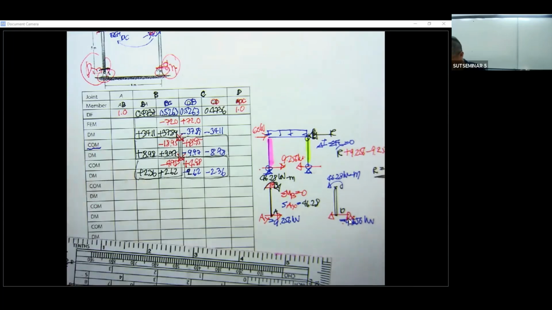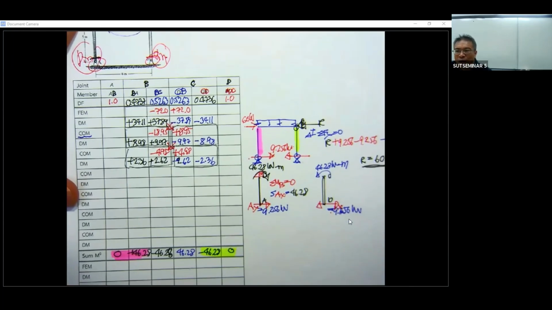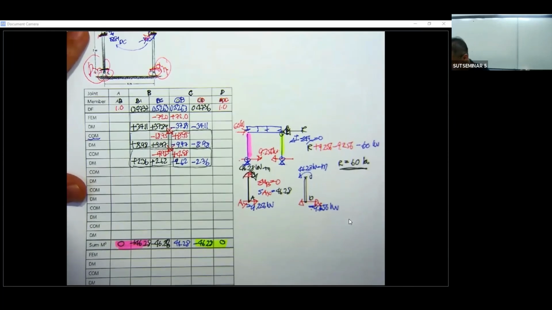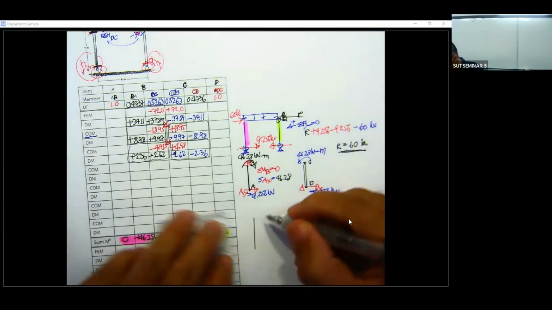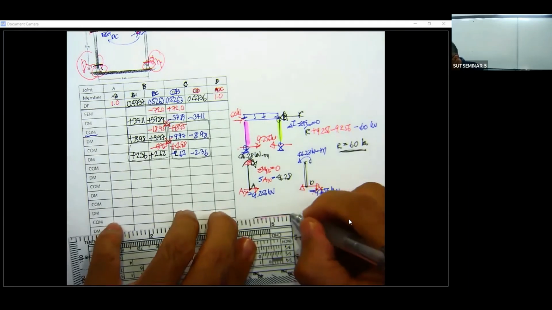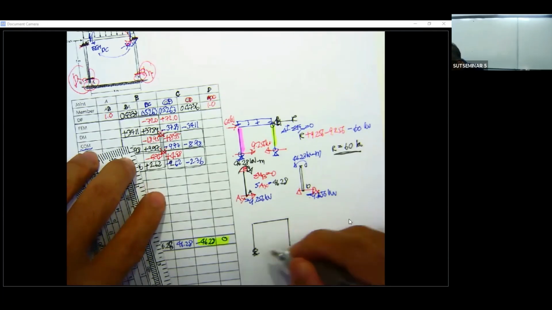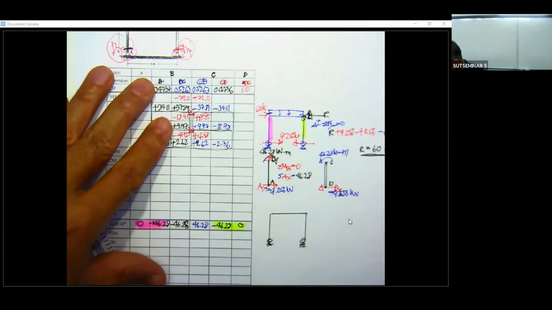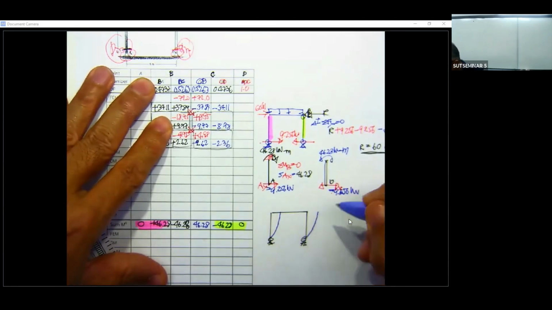Okay. Now we move to this second portion. If you go a little bit further, you're going to assume the frame to be sidesway, and you're going to put the frame into another position. It's going to be like this.